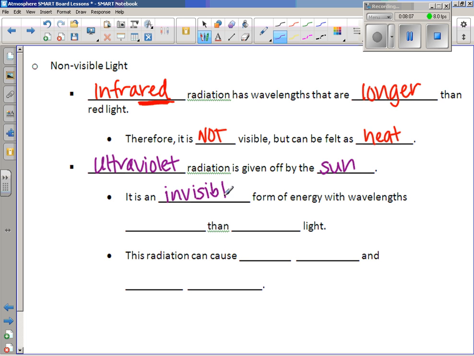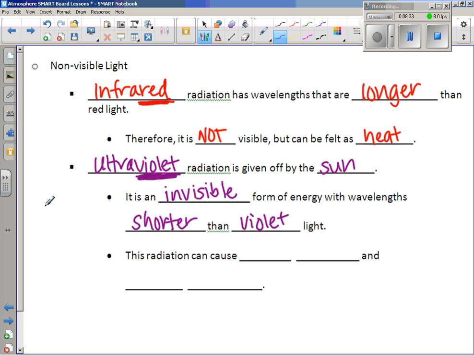You can't see these UV rays that are beating down on you from the sun because it's invisible. Because these wavelengths are shorter than visible light, than that violet light.